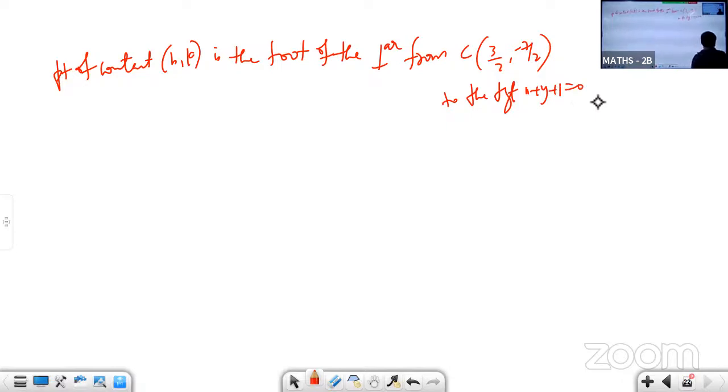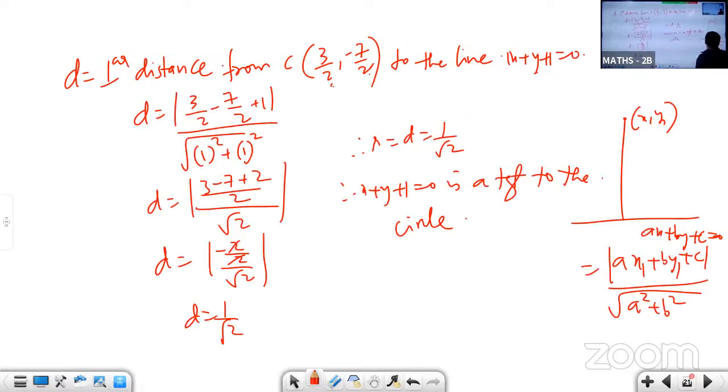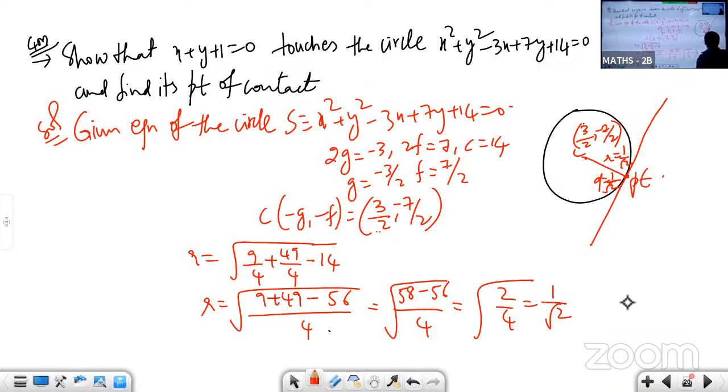Why is it perpendicular? In a circle, if it is a tangent, the radius will always be perpendicular to the tangent. That's why this becomes the foot of the perpendicular with respect to this line. That is the concept. Is it clear?